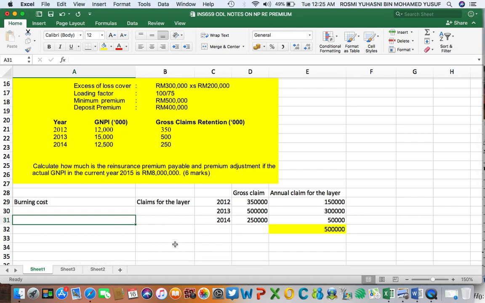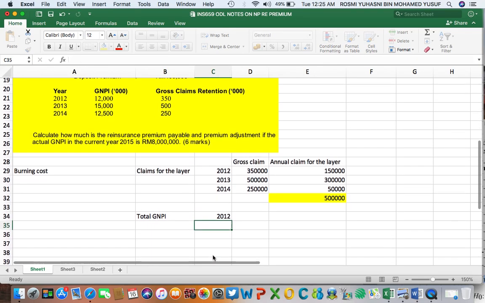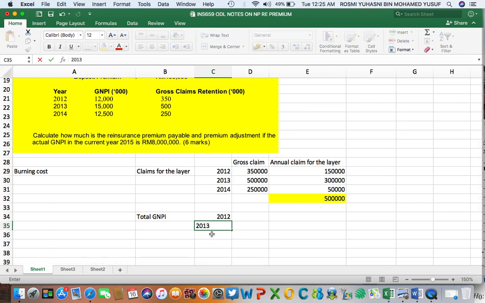And the total GNPI from the previous 3 years: for 2012, 12 million; 2013, 15 million; and 2014, 12.5 million.